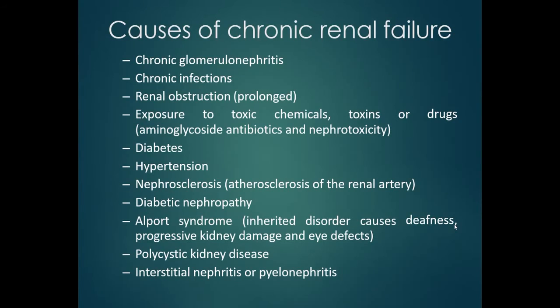Then again, you have exposure to the chemicals or the drugs, or you are suffering from diabetes, or if your blood pressure is very high, or your nephrons are not working, or there are some other conditions like Alport syndrome where you will start to have deafness in your body, or your eyes may get defected along with the kidney damage. Then comes the polycystic kidney disease. There will be so many cysts inside and outside the kidney.